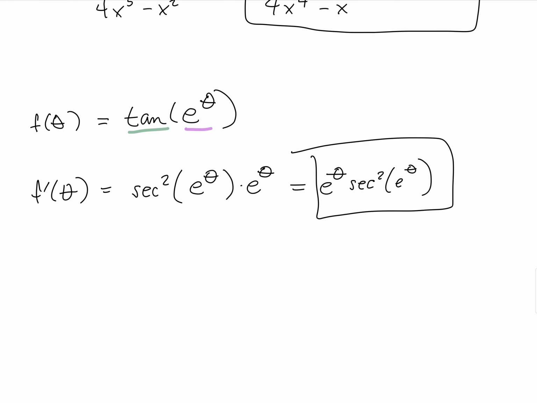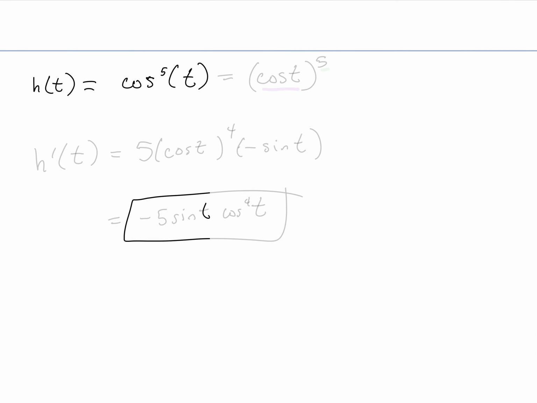All right, next we've got h of t equals cosine to the fifth of t. As I said, this is equivalent to cosine of t to the fifth power. And so our inside function is cosine of t. Our outside function is raising it to the fifth power. And so when we take this derivative, h prime of t is equal to the derivative of x to the fifth power, which is 5x to the fourth.